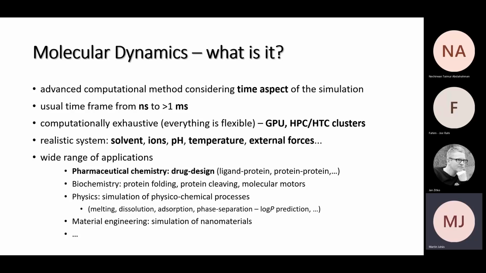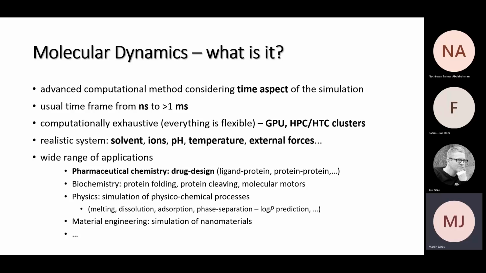You can also simulate how two proteins interact with each other, like the receptor and the antigen, for example. Or in biochemistry, molecular dynamics is widely used to simulate protein folding or some more advanced molecular motors, for example.